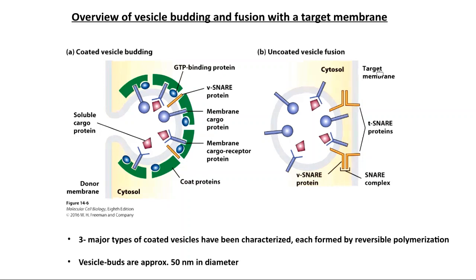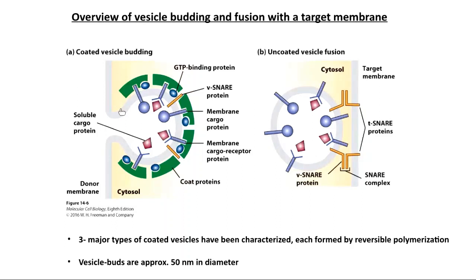The donor membrane can be anything. So let's say the protein is moving from the ER to cis Golgi. The donor membrane will be the ER membrane, and the target membrane will be the cis Golgi membrane. So let's say the vesicle is budding off from the donor membrane, that is the ER membrane, for the time being.